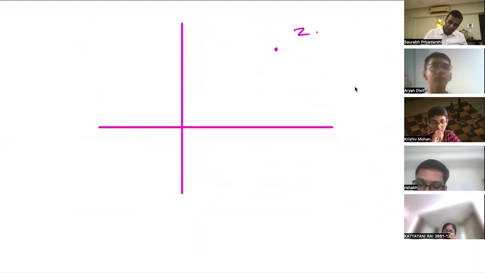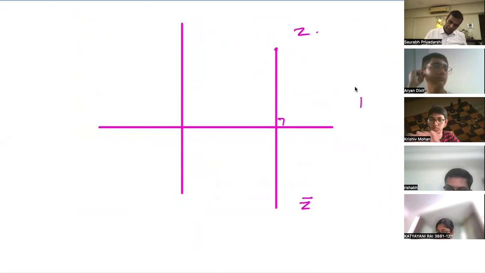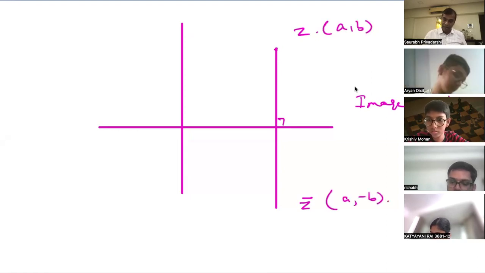Same. So if I'm saying this is z, right? So z bar will be this way. Z bar means the image with respect to the real axis. If this is (a, b), this will be (a, minus b).